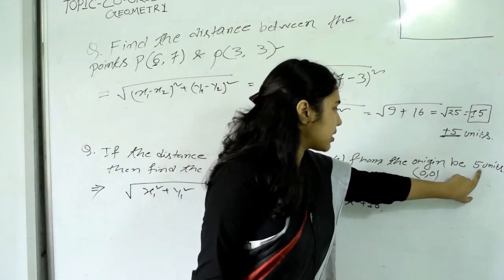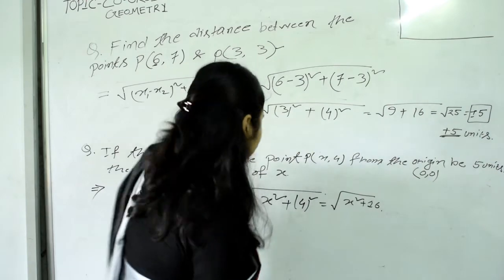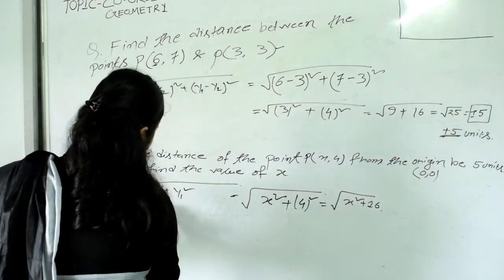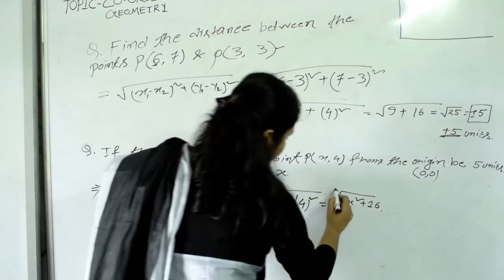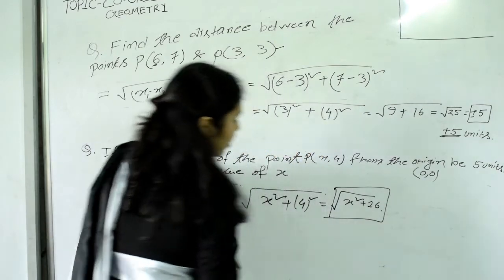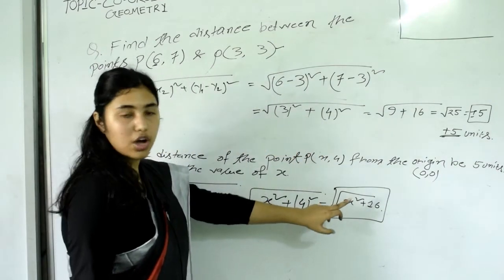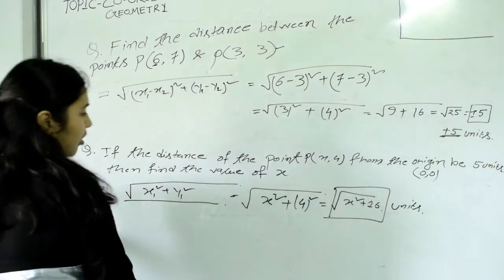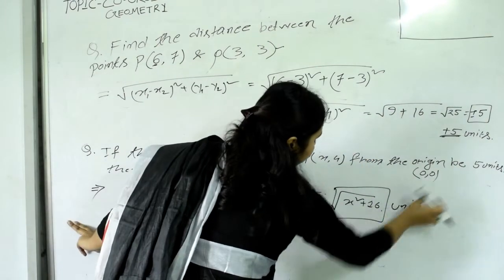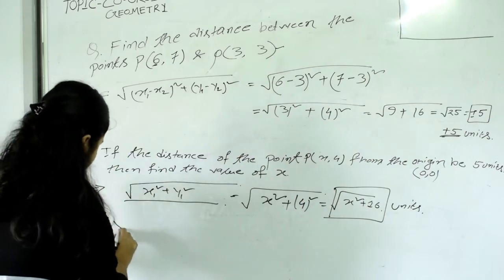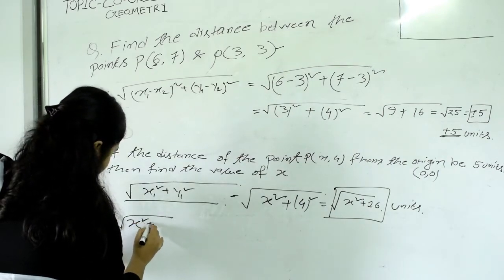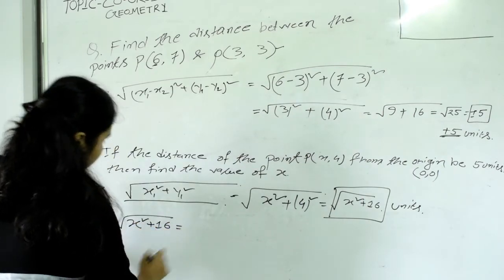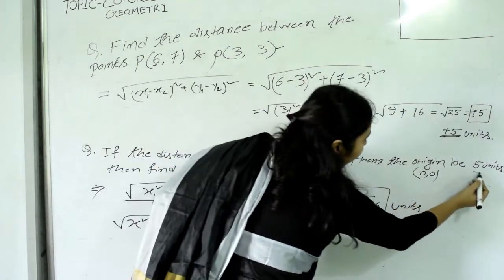The value of the distance is 5 units. And here from our formula we get the distance is root over x square plus 16 units. Now equate both of these. So root of x square plus 16 is equal to 5 units.